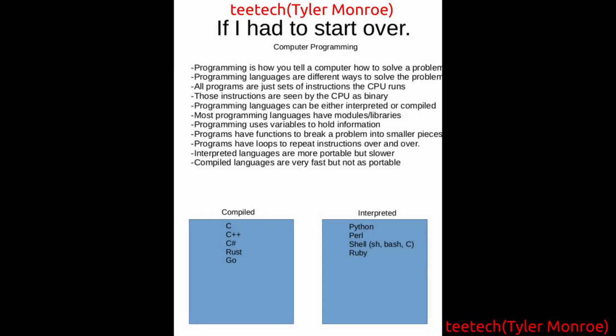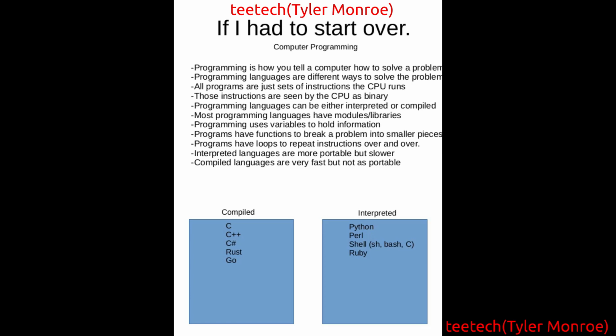All right, so the last thing that's very important is computer programming. Programming is simply how you tell a computer how to solve a problem. So you have a problem to solve, and it's easier to solve the problem using a computer, and that's why you program a computer.